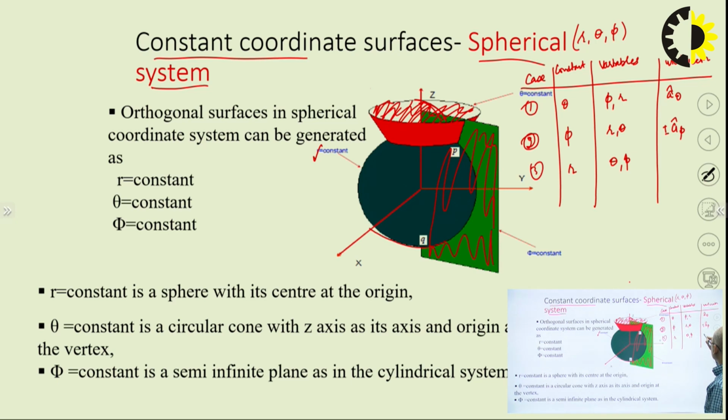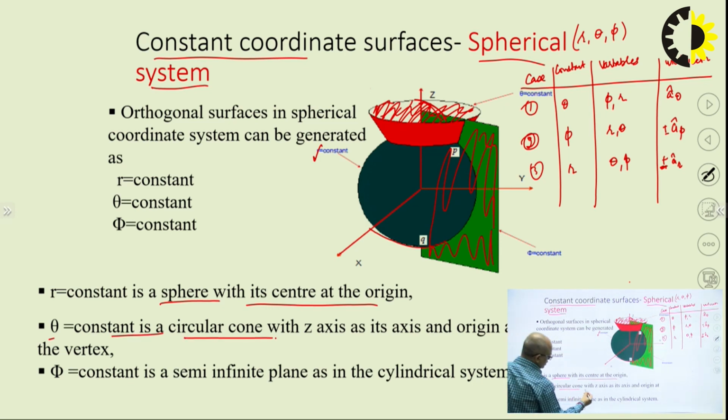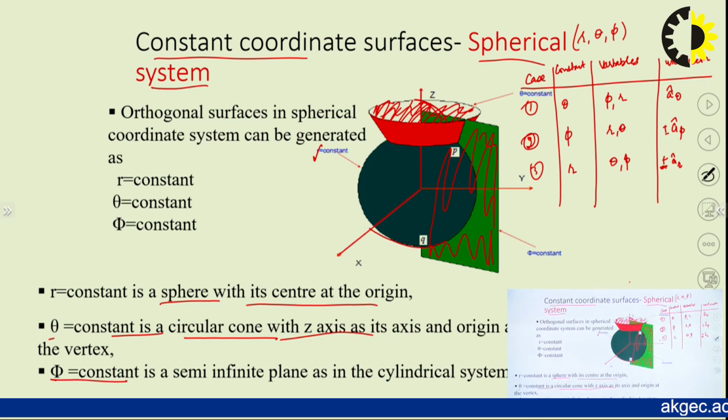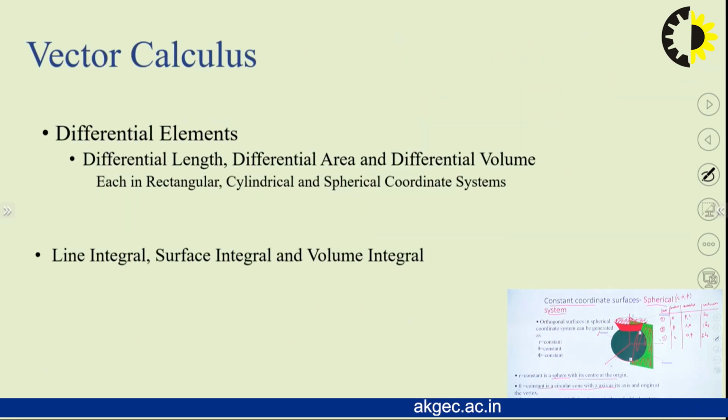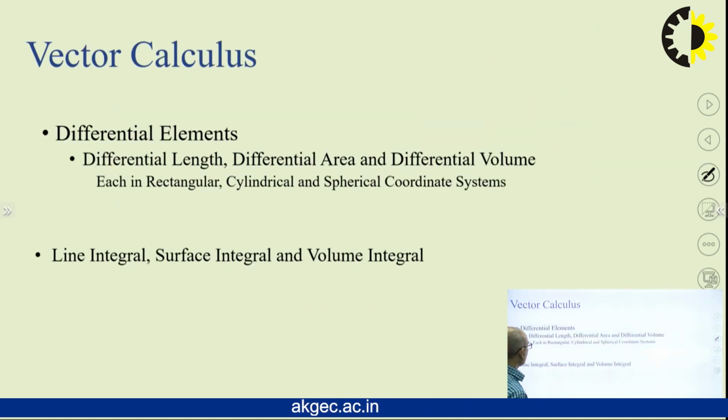In that case, you will get A cap R, and that will not be negative, only positive, that is plus A cap R. So when R is constant, it is a sphere with its center at the origin. When theta is constant, a circular cone is formed with the z axis, and when phi is constant, a semi-infinite plane is formed.